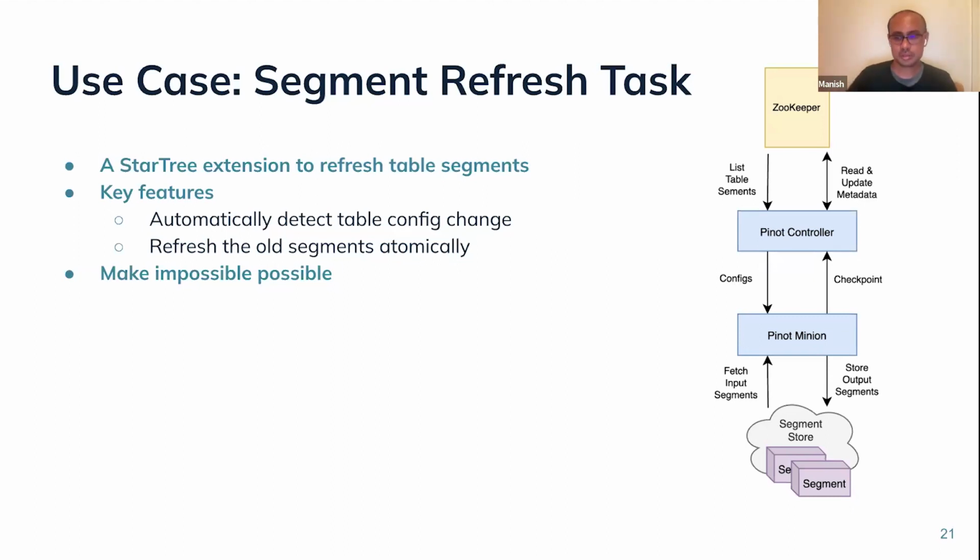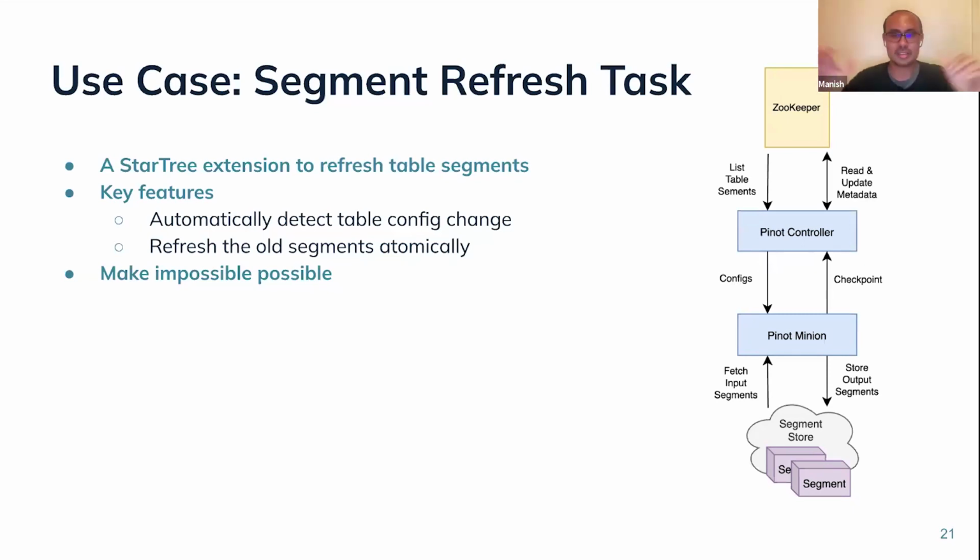This task also runs in the background, and it's automatically able to detect that there is a particular configuration change. The source of truth for a Pinot table is the table config, which has various sections on how your index should be laid out and configured, and what kind of tasks.